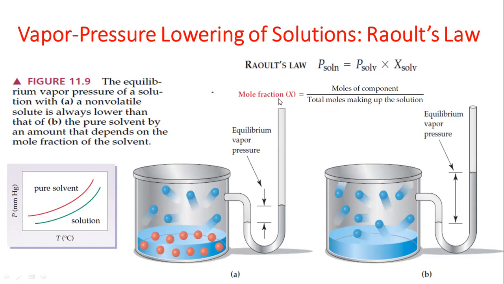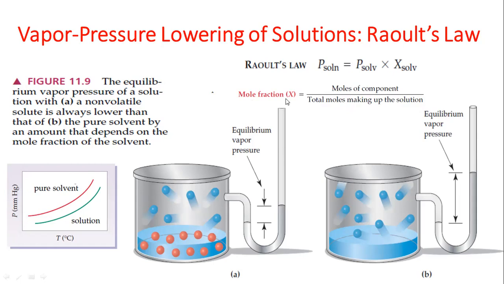So in case of sodium chloride in water, you can calculate the mole fraction: the moles of sodium chloride divided by the total moles, that means the moles of sodium chloride plus the moles of the water. But it is better to explain over here that this mole fraction is proportional to the moles of the component.